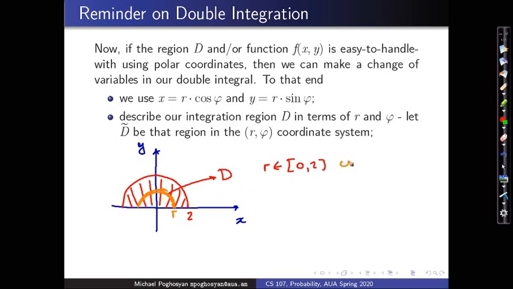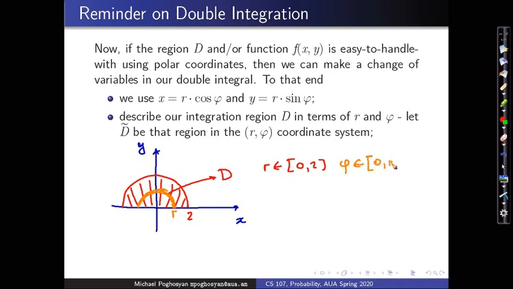Then I need to describe where phi is running inside that region D. For each R here, phi is running from 0 to pi.